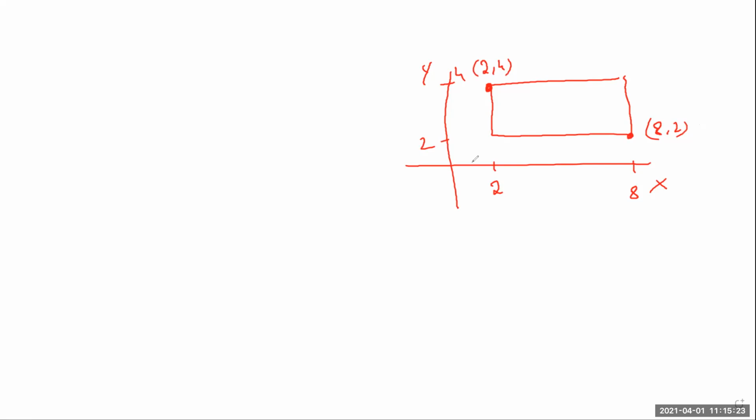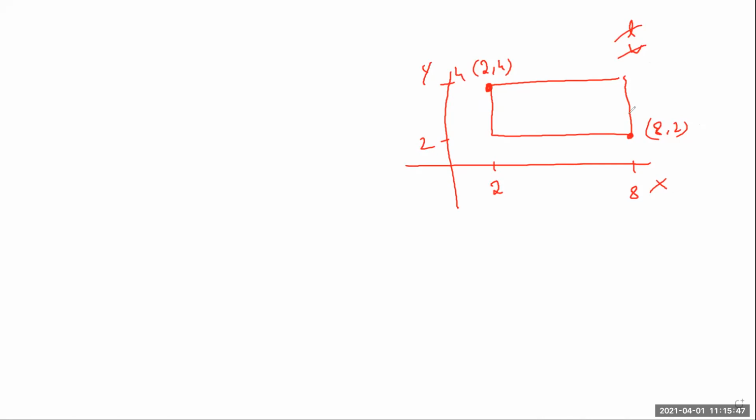There is another way. I can give you only this point 2 4, and tell you the length and the width, and still you can draw it, right? So it means at least you should know one point, and either you should know the second point or I tell you the length and width, and you should be able to draw it. Now let's stick to this convention where we are using the top left and bottom right point.